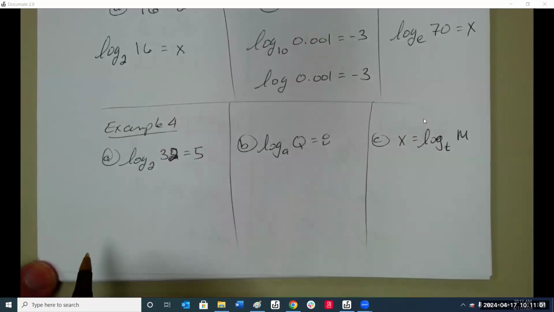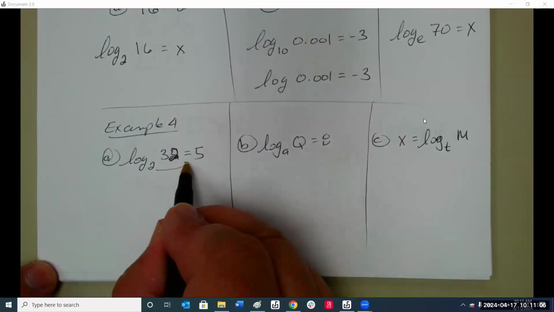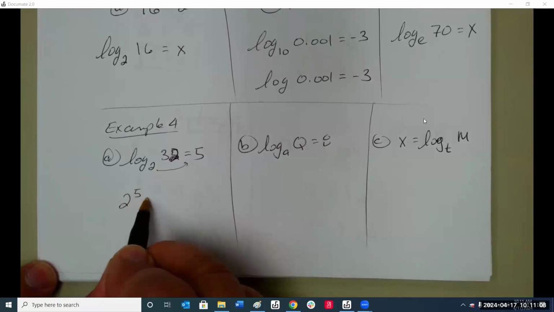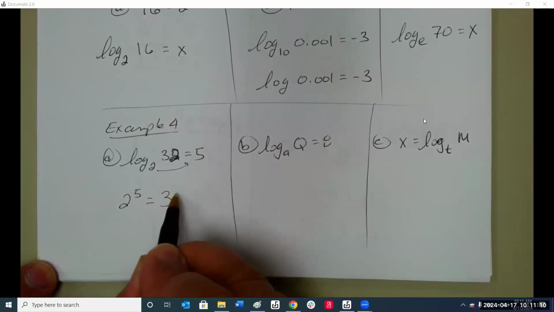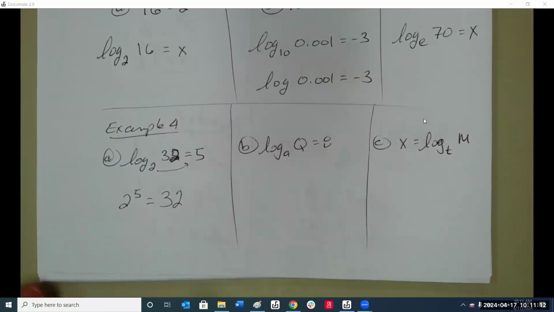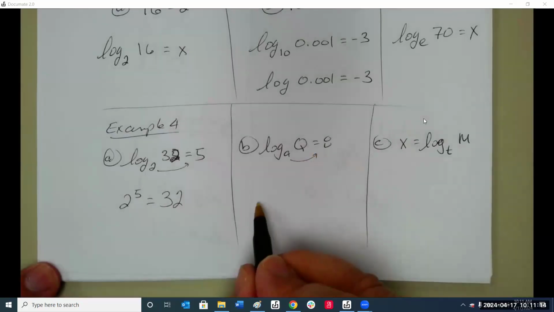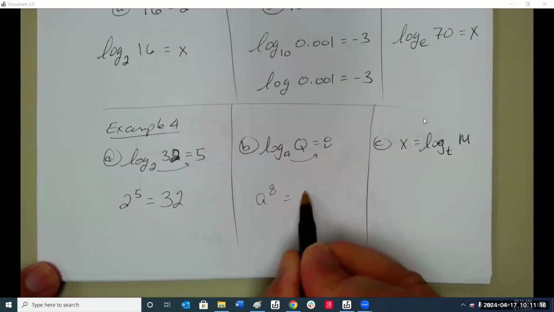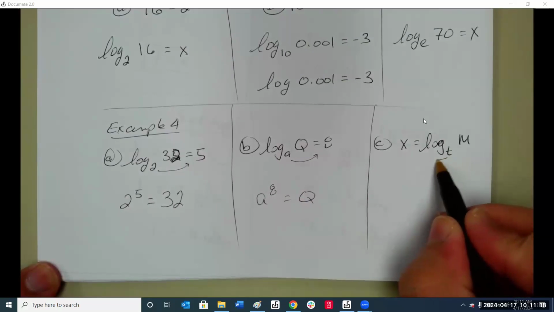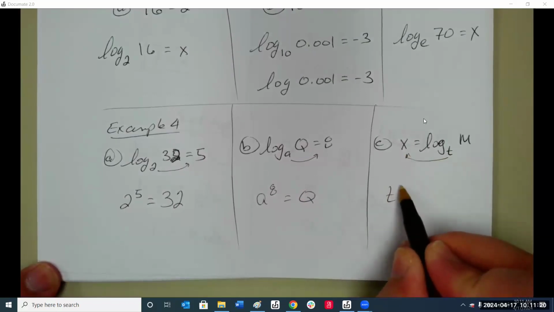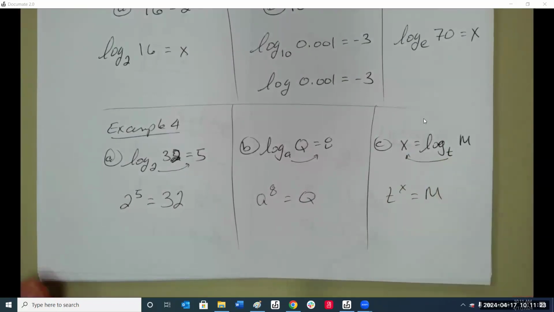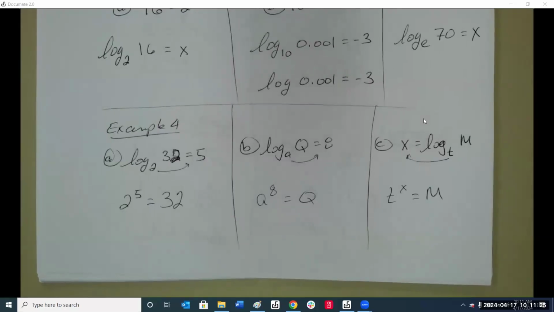What's the first one? 2 to the 5th power equals 32. Next one. And the last one. t to the power x equals m. Right. Once you see the pattern, it is super easy.